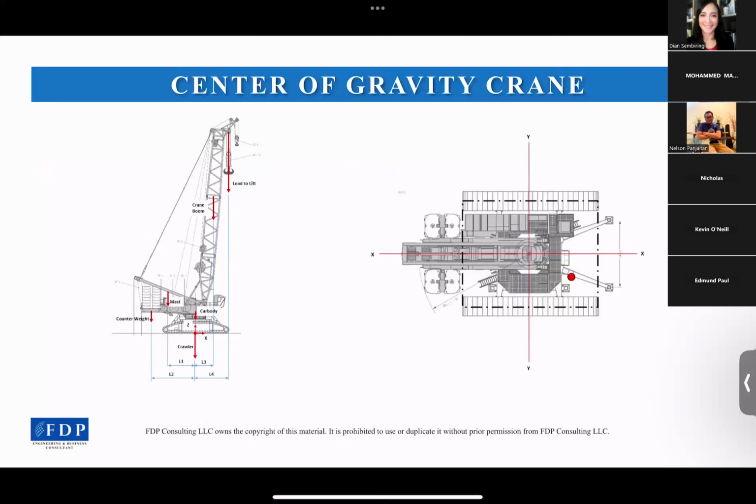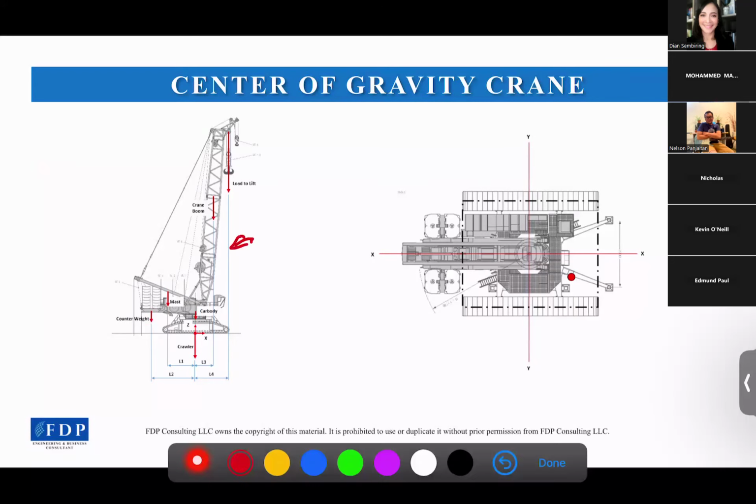For example, here, just to show what exactly I meant about how to calculate the COG. In this picture, it is showing a crane with complete components like the lattice boom here, tracks here, counterweight here, car body, mast, and the others.